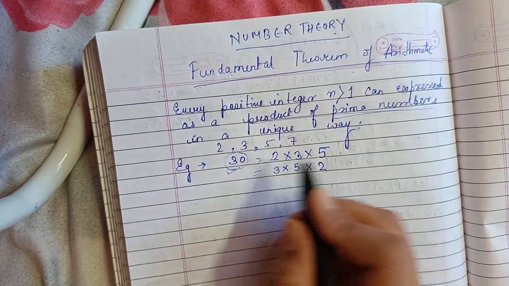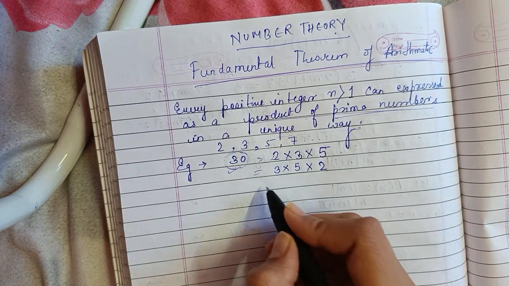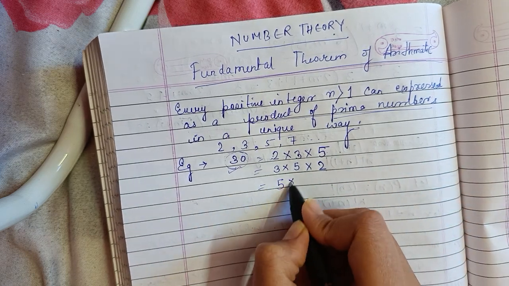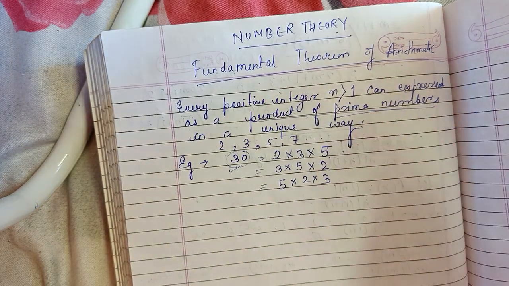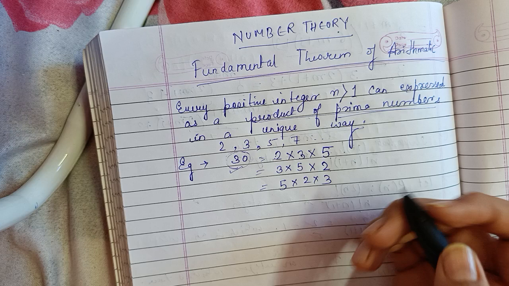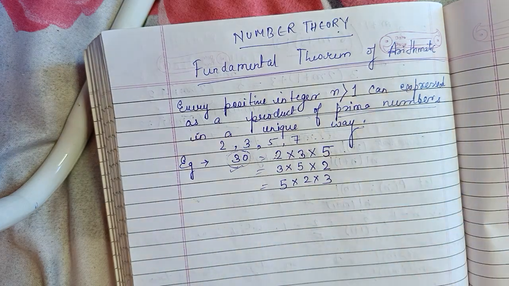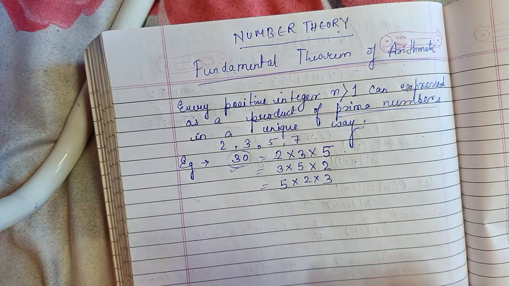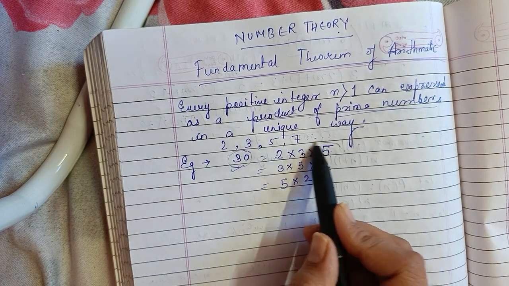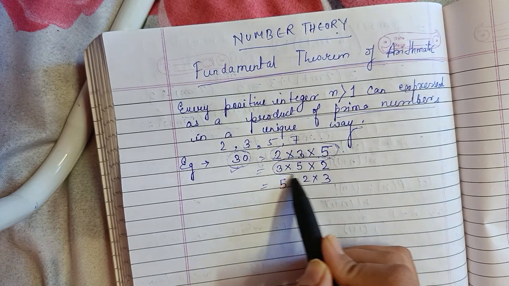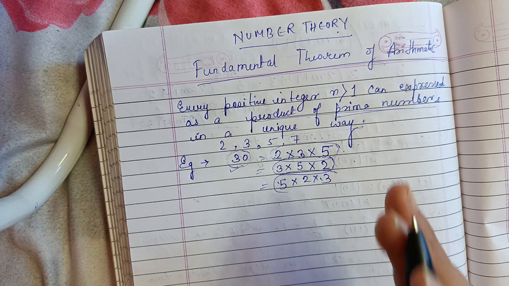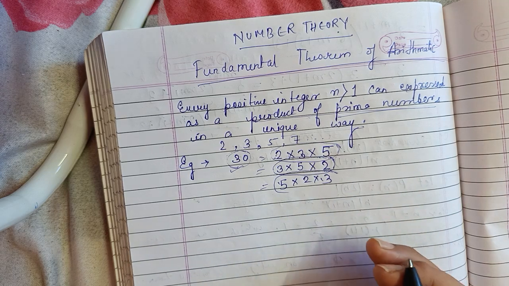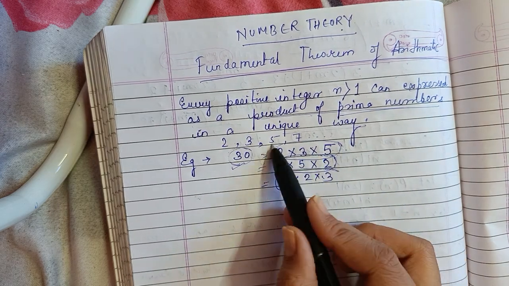Then again a person will say, no, I'm going to start with 5 into 2 into 3. The order of multiplication can be this, that, or many more, but the product of primes is unique. You will only get 2, 3 and 5 in each and every way. So this is the unique way.